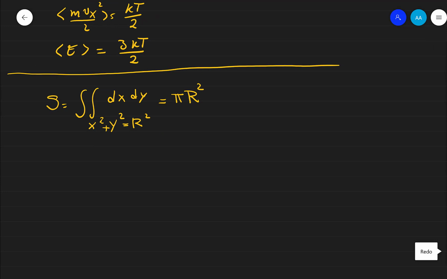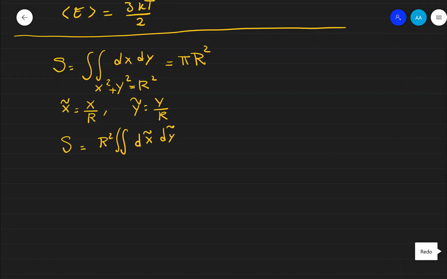We can de-dimensionalize this integral by defining new variables, whose boundary is then given by a unit circle. Dimensional analysis does not give this integral. By direct calculation we can obtain that this integral is equal to pi.